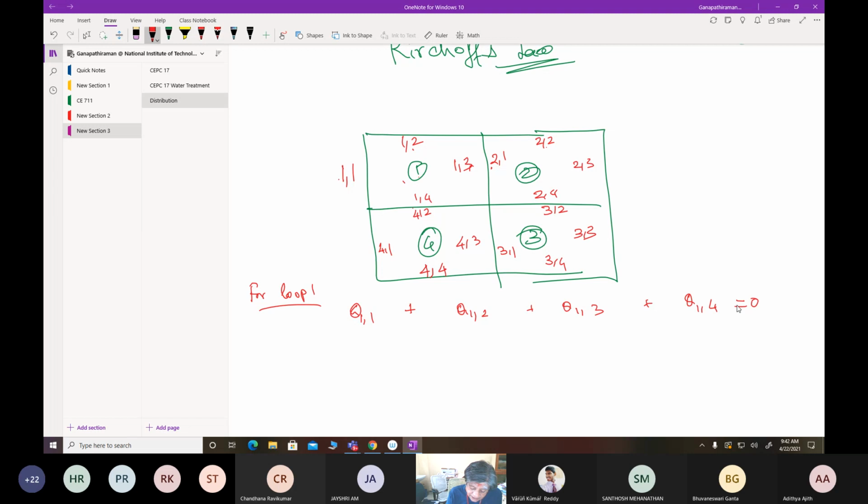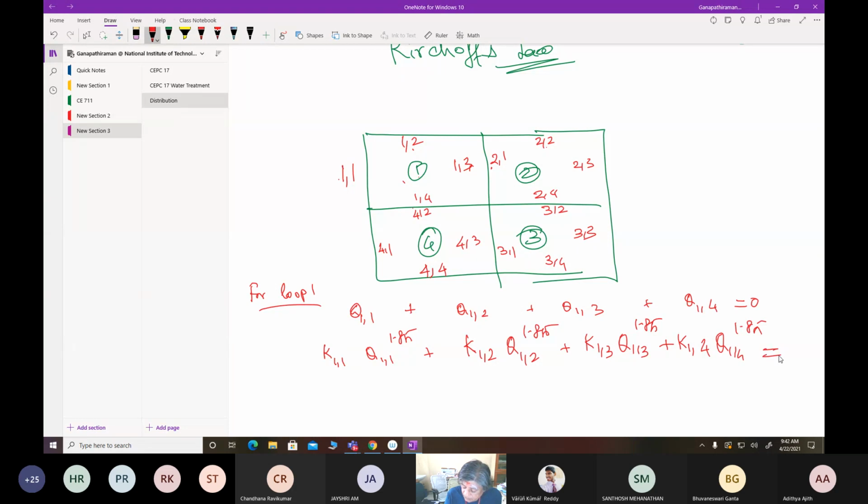Now I will find out what is H11. So we know the formula: K11 Q11 to the power 1.85 plus K12 Q12 to the power 1.85 plus K13 Q13 to the power 1.85 plus K14 Q14 to the power 1.85.